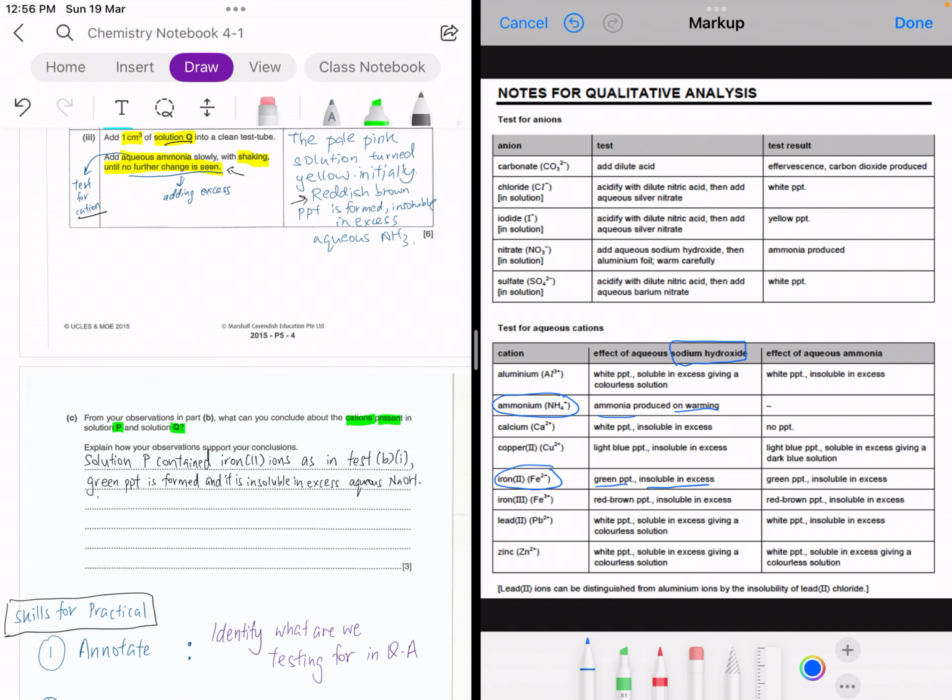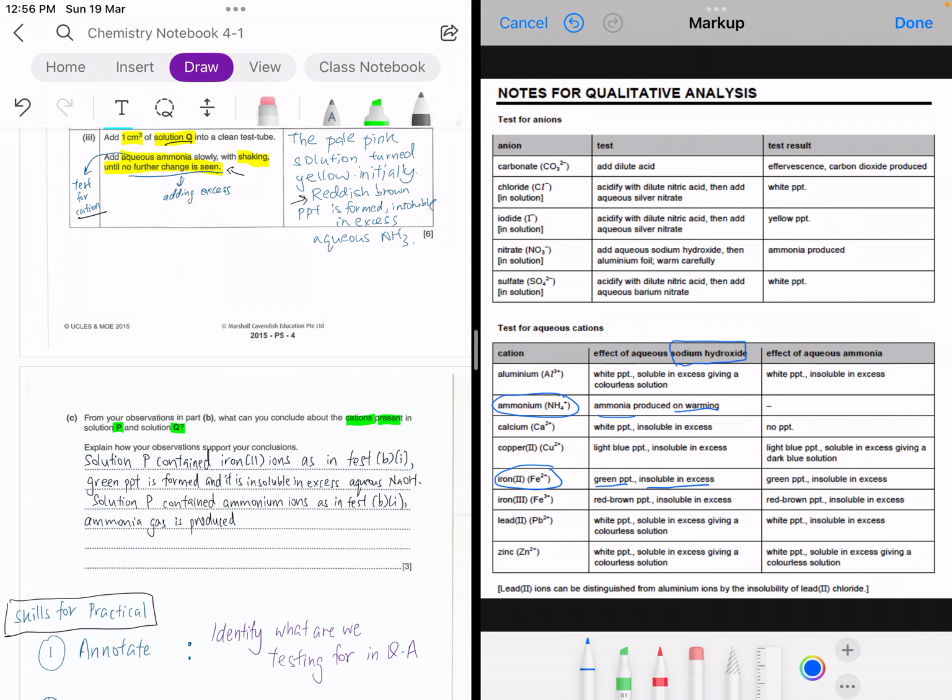Next, solution P contains ammonium ions as in test B part 1. Ammonia gas is produced. So once we are writing down the conclusion, we don't use the words pungent gas anymore.